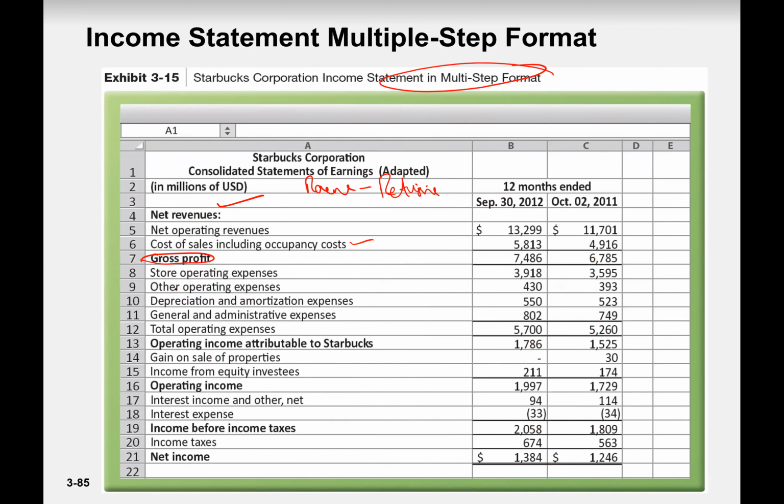Yes, Chandra. For cost of sales, including occupancy cost, is that like warehouse or storage? This is the income statement of Starbucks. Yes, the rent cost as well.